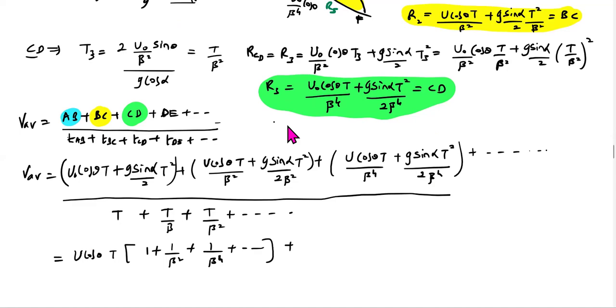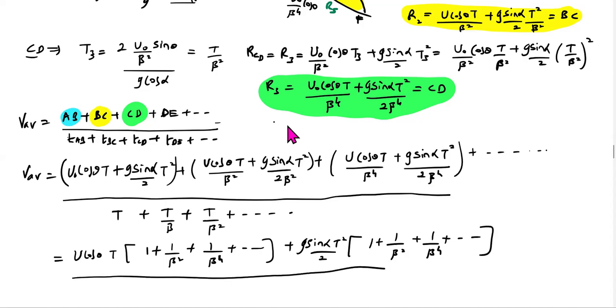Then similarly, G sin alpha T square by 2, beta square, and so on, all divided by T. I'll take T common, and so on. So here T will get eliminated.